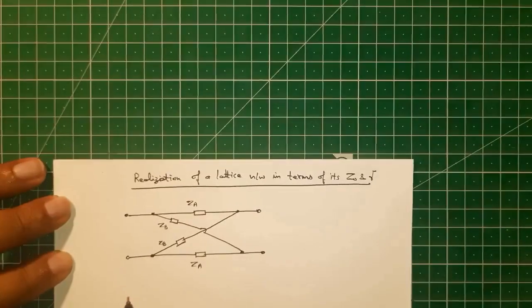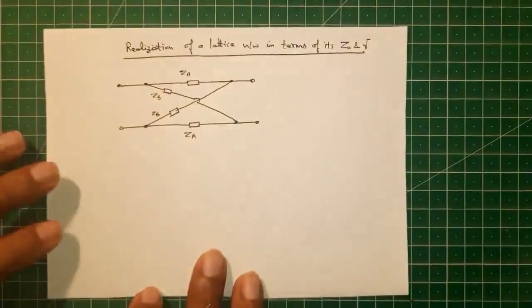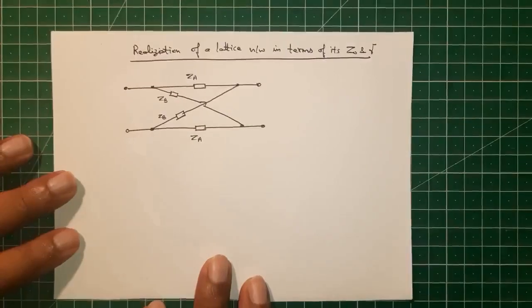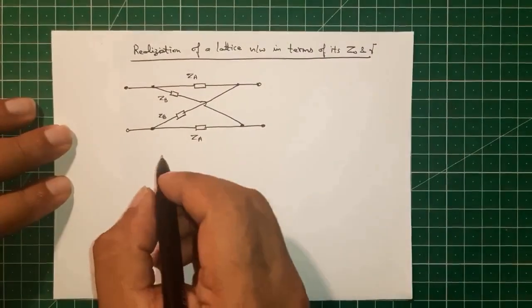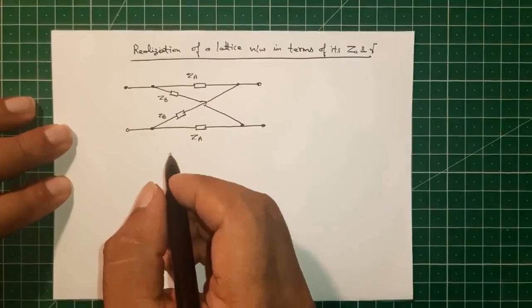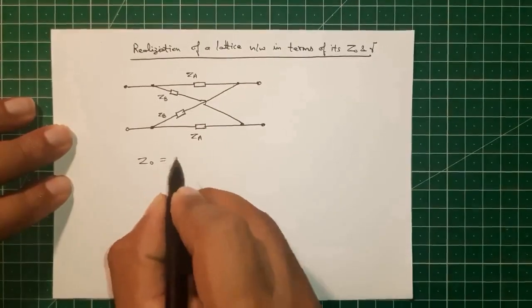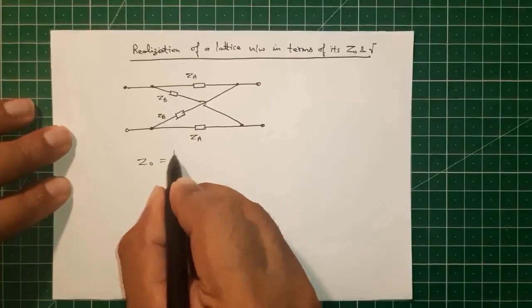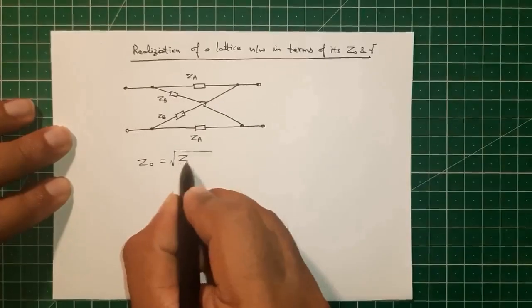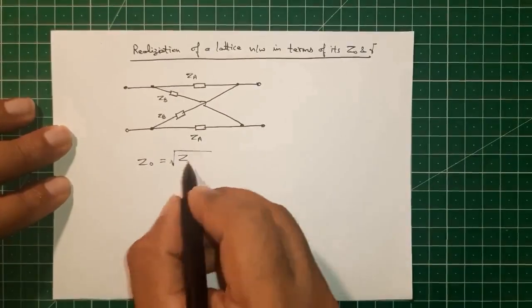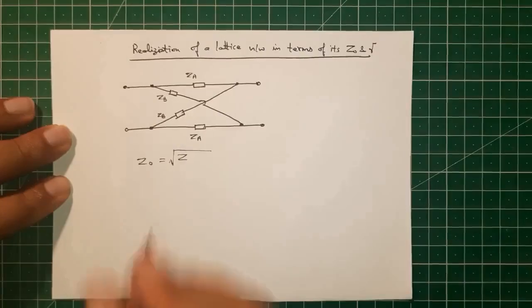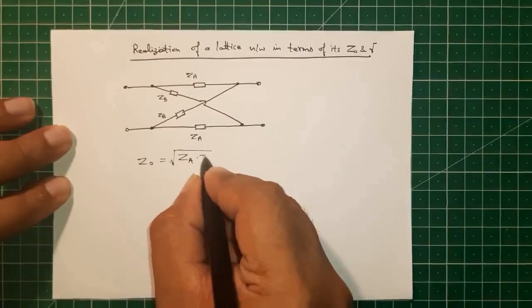In the previous lecture, we had derived the characteristic impedance Z0 for a lattice network in terms of ZA and ZB, that is Z0 is equal to square root of ZA into ZB.